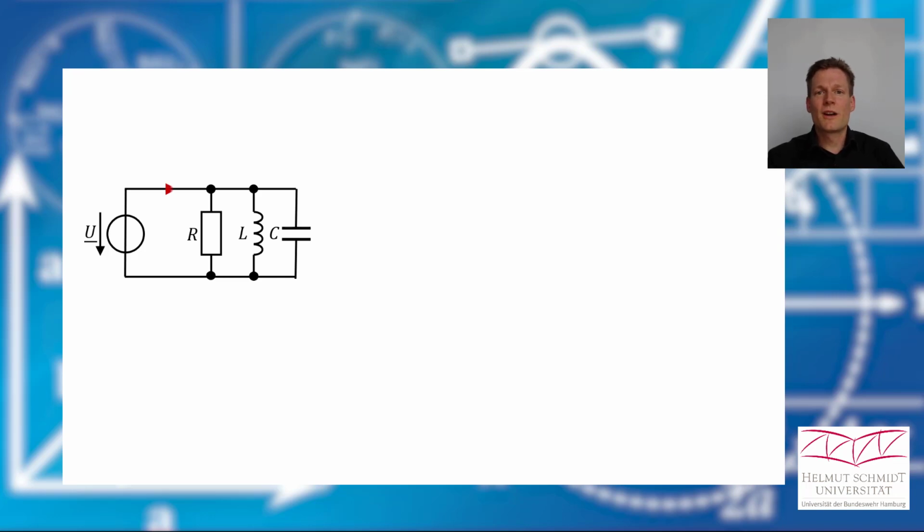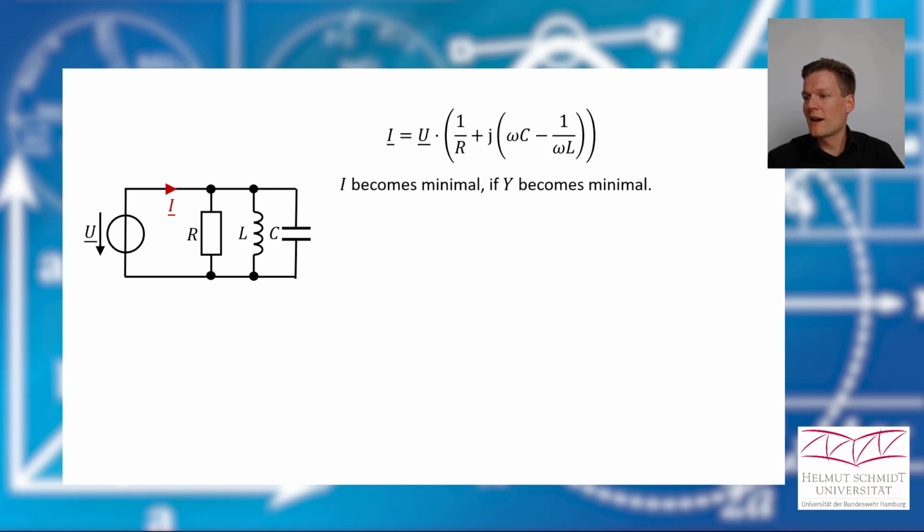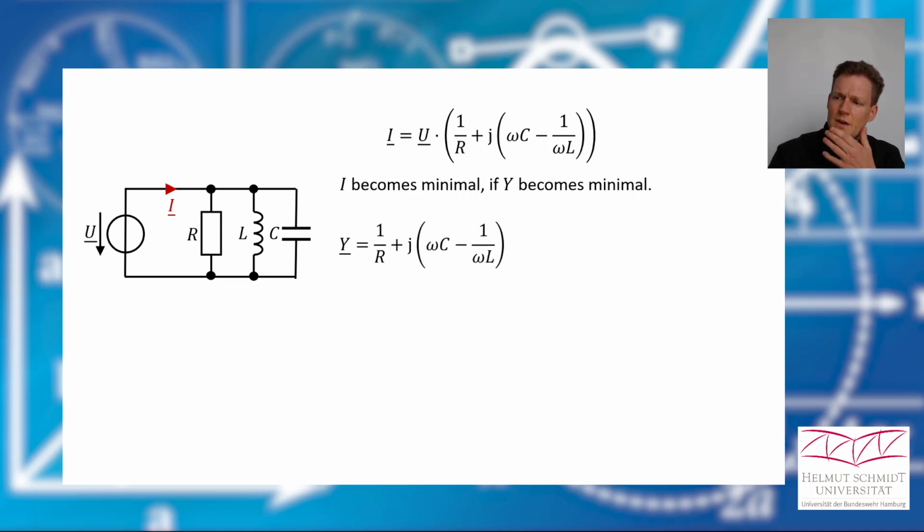Okay, so we are looking for this current. And we know that we can calculate it like this. And we want the current to be minimal. And the current becomes minimal if the admittance becomes minimal. And how could we make that?